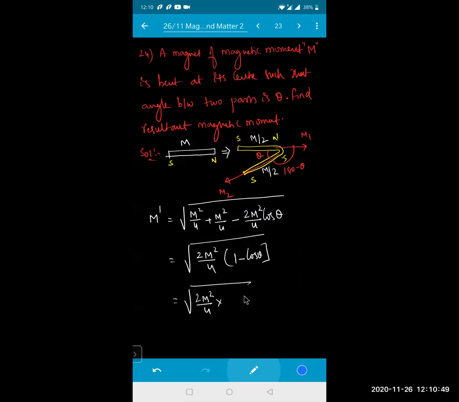What is 1 minus cos theta? It is 2 sine square theta by 2. So 2 into 2 is 4, the 4 cancels, and M will go out. So we get M dash is equal to capital M into sine theta by 2. This will be the new magnetic moment. After bending, each half is M by 2, M by 2. Accordingly you try to simplify it and you will get the answer.